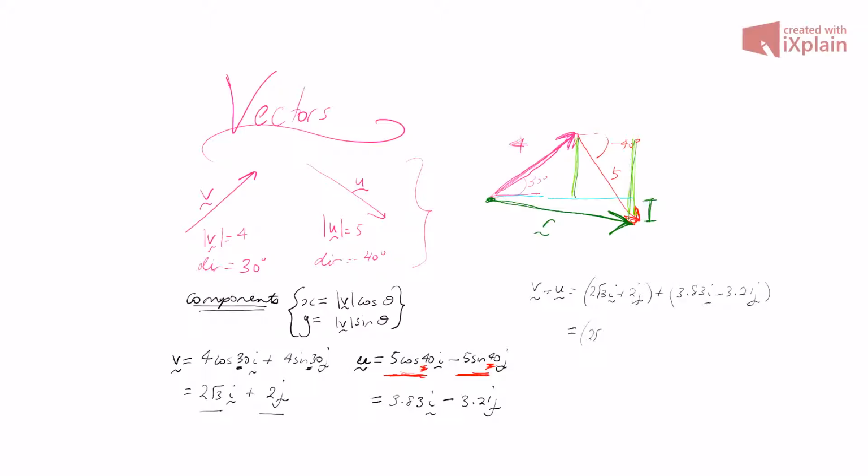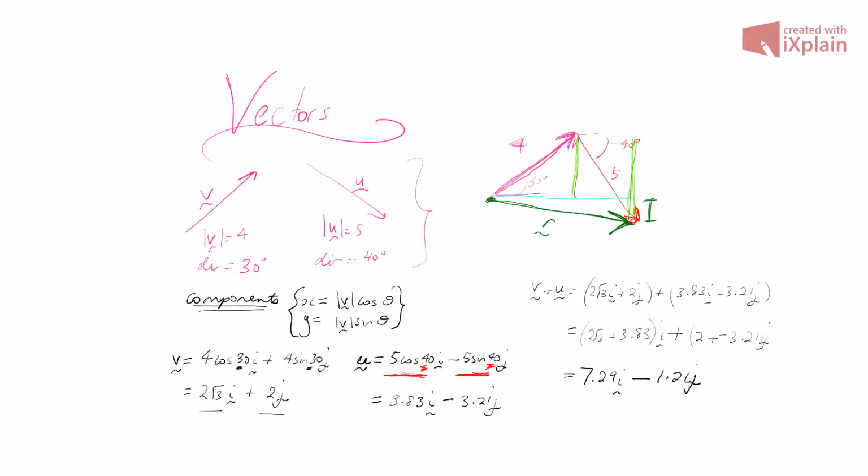So 2 root 3 plus 3.83 is 7.29 i, plus 2 plus negative, we could do a subtraction, that doesn't matter, either way, j. And overall we get 7.29 i minus 1.21 j.